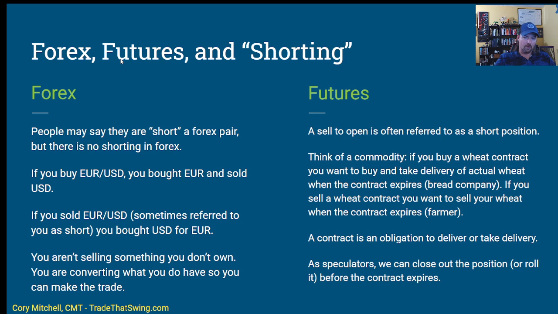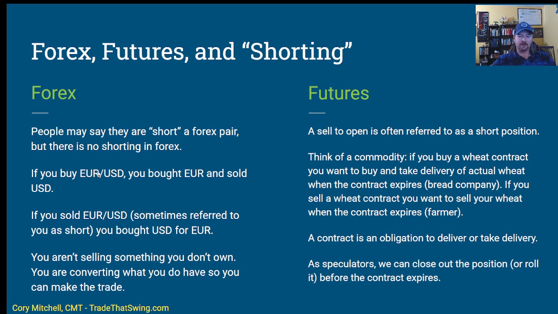If you sold the Euro, which would be referred to as a short, because that's a commonly traded pair, the Euro US dollar, in that order, then you might say, yeah, I'm short the Euro US dollar. But you just bought the US dollar and you sold the Euro. Whatever the first one is, that's the one you're buying.